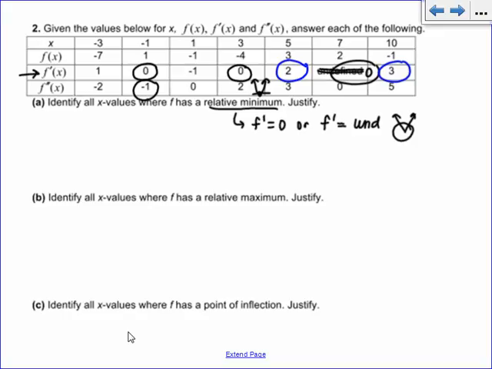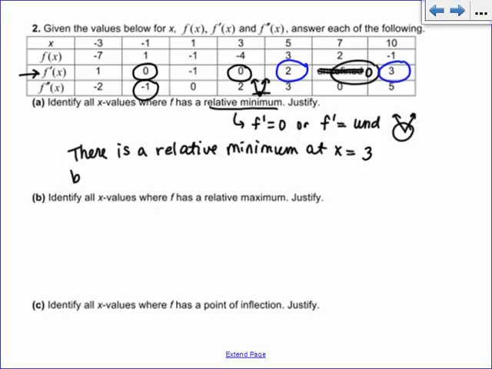All right, so for this we're going to say that there's a relative minimum at x equals 3, because f prime of 3 is equal to 0, and f double prime of 3 is greater than 0.